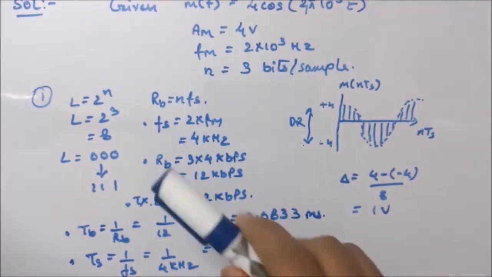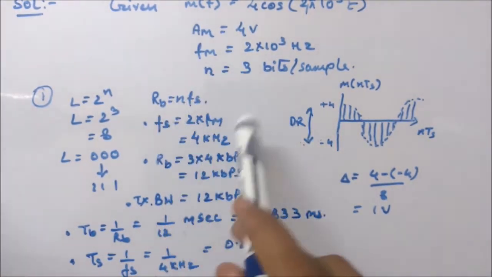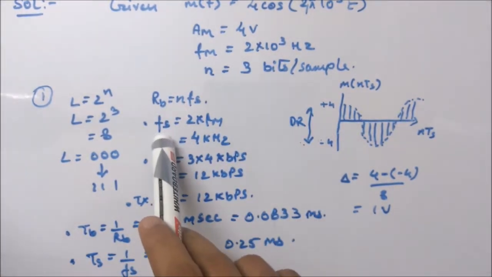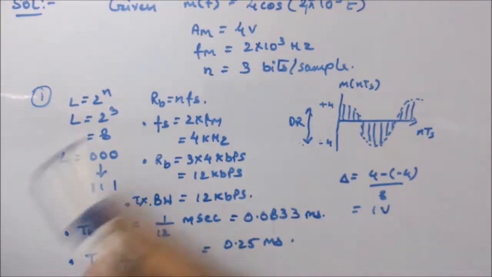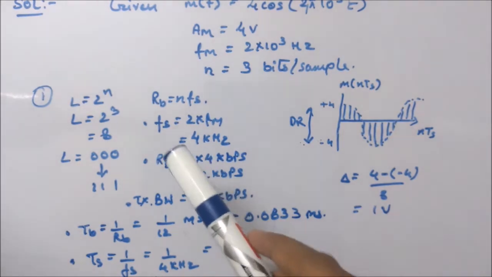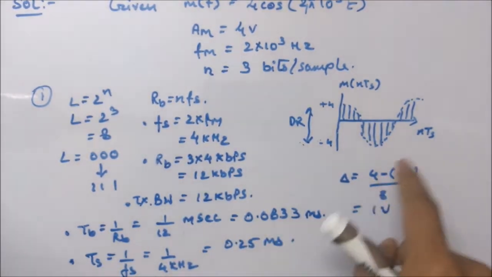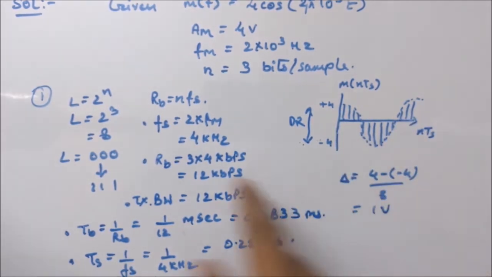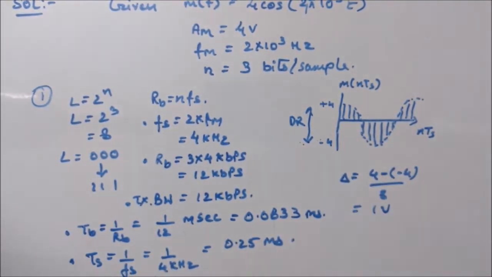Else they will mention at what rate they are sampling. So because it was not given in the question, you take the Nyquist rate as the sampling frequency. So these are the parameters of PCM. Now we will be visualizing these values in the quantizer part, the second part.